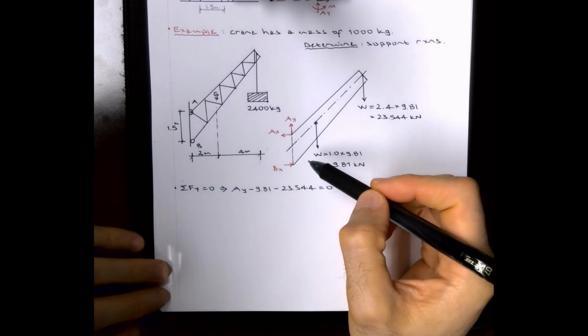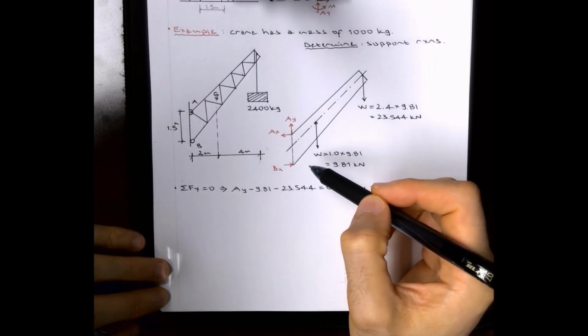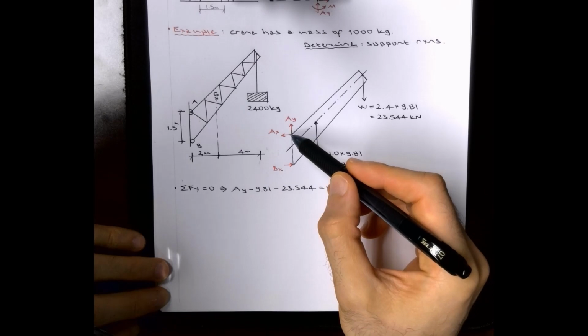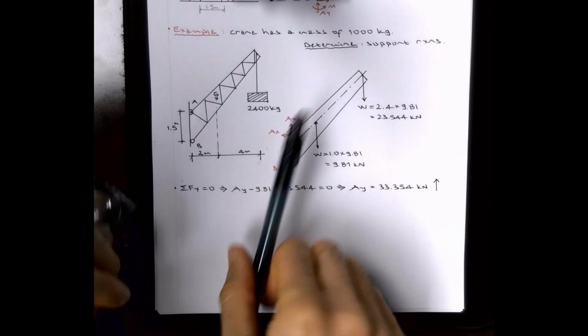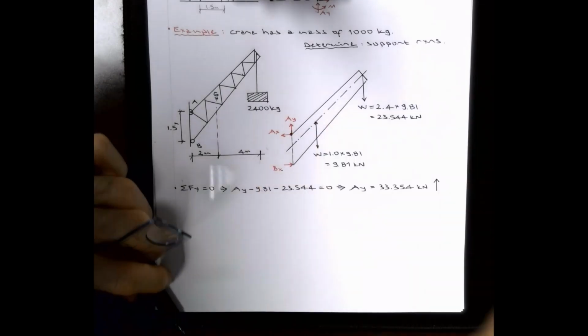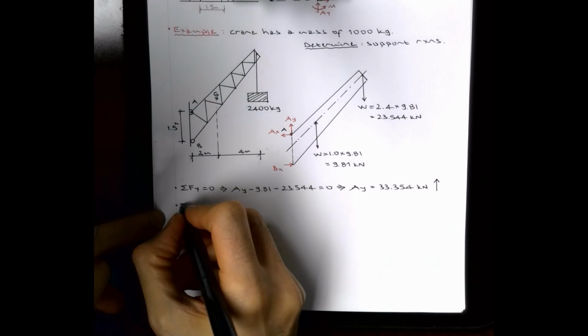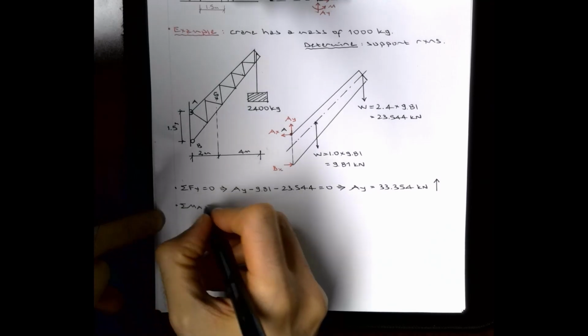Which point should I take the moment about? So I'm going with point A, because you can also do it about B, it doesn't really matter, but let's go with A for this solution. Summation of moment A, make it equal to 0.